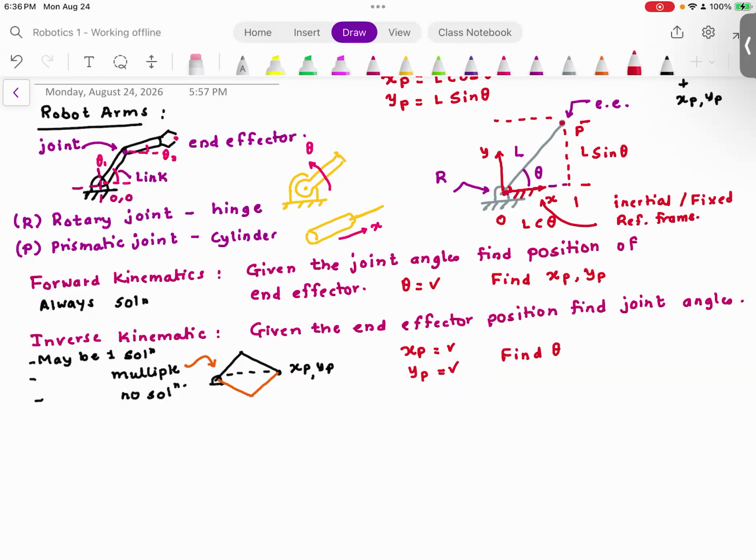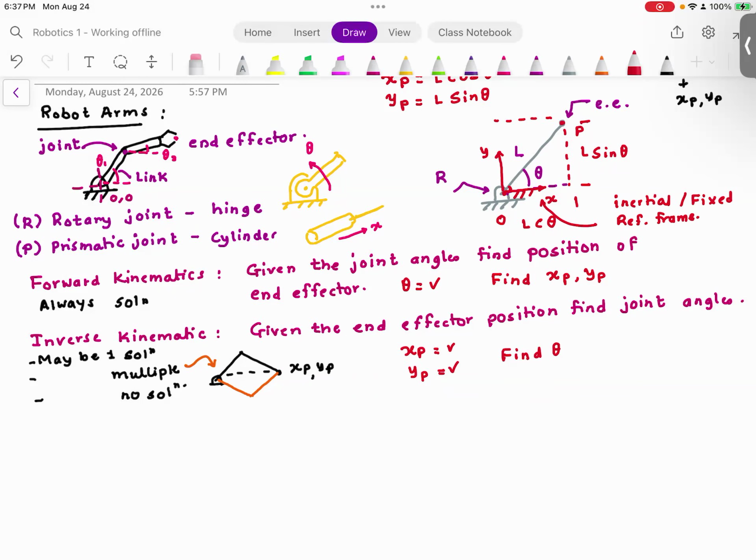However, please understand that the link shown by L is rotating. So to analyze that link, we may have to assume a reference frame that is attached to the link.